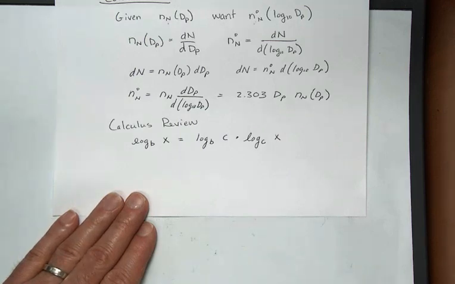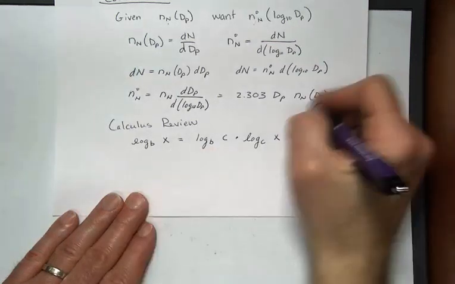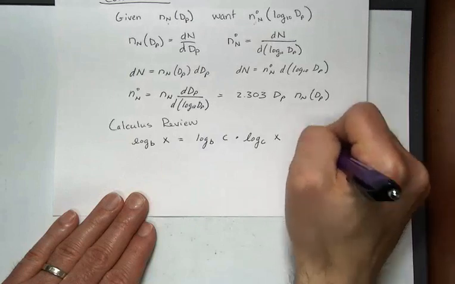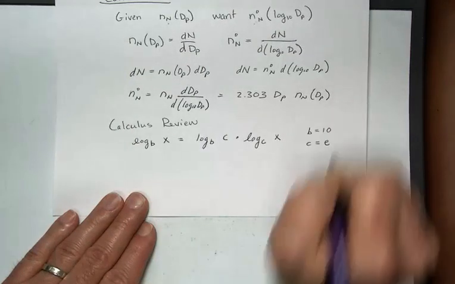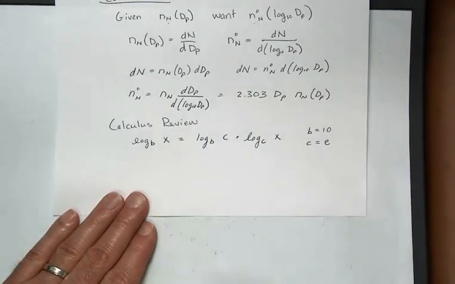So we're going to choose b of 10 and c of Euler's number e, right?